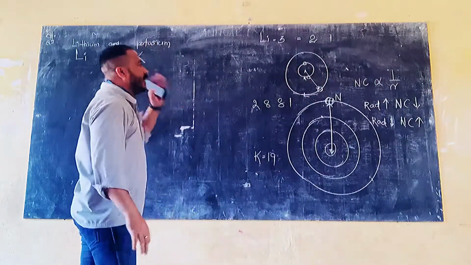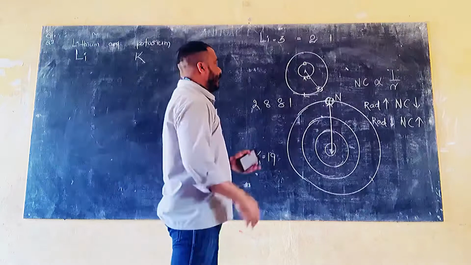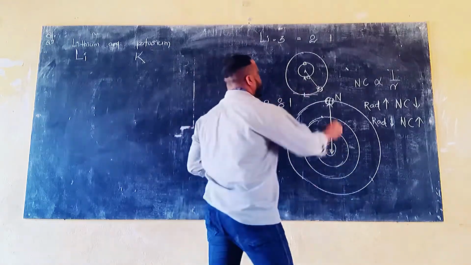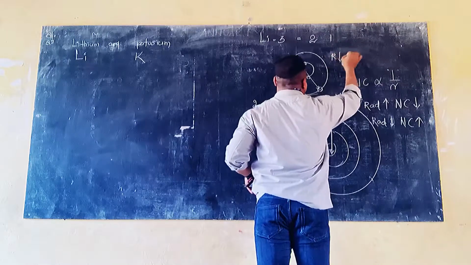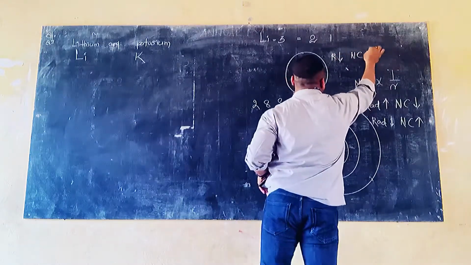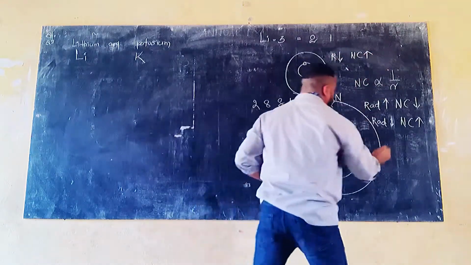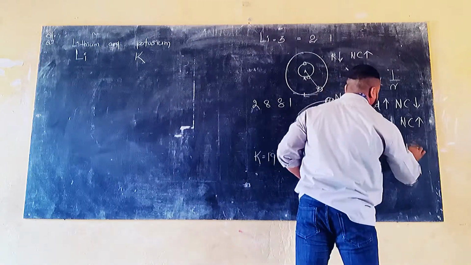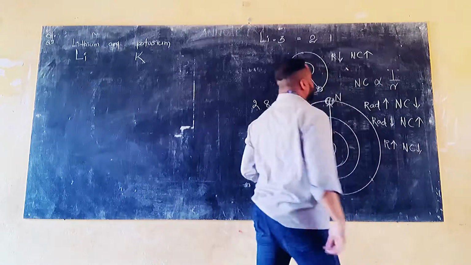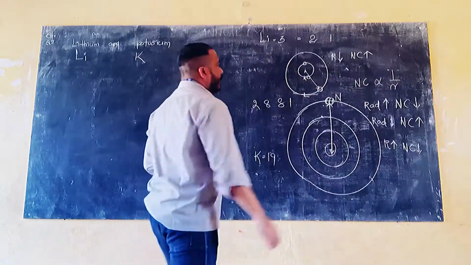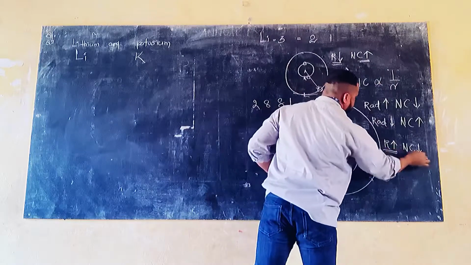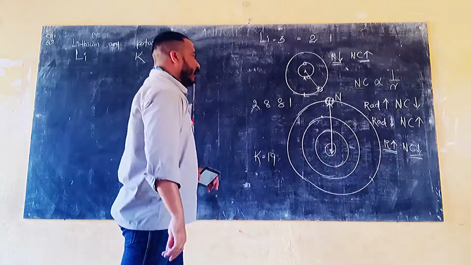So from this, it is clearly seen that here we have smaller radius and higher nuclear charge, and here higher radius and smaller nuclear charge.